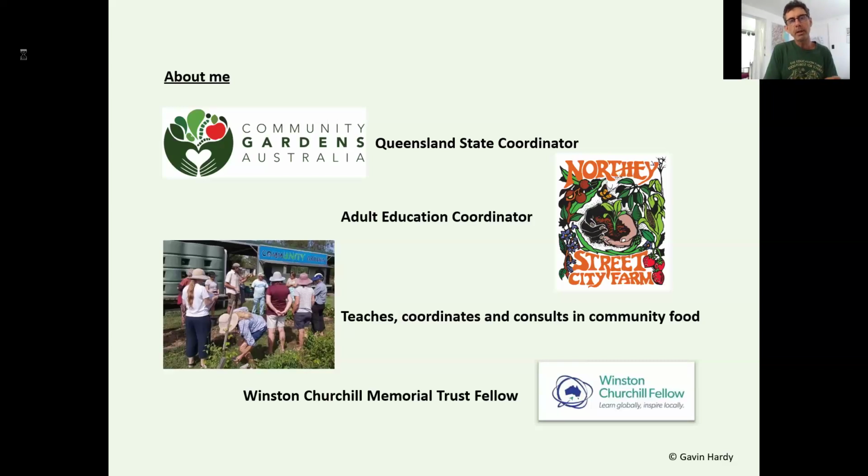All right, so that's a little bit about me. My name is Gavin Hardy. As you already know, I am the Queensland State Coordinator of the National Community Gardens Network peak body, Community Gardens Australia, and we've been around since the 1990s. I'm also the Adult Education Coordinator at one of the country's largest community food projects, Mulvey Street City Farm in Brisbane.